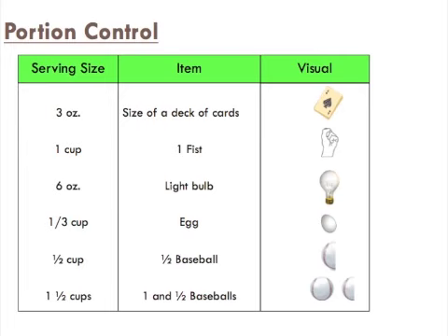I think it helps patients have those little references to go by whenever they're learning portion control. And a small serving of fruit, like an apple, would want to be about the size of a tennis ball. I got apples at Sam's the other day that you could put 2 tennis balls together, and the apple's bigger than that even. And so it's important that people learn this stuff so that they can make better choices about their carbohydrates and their portion control.